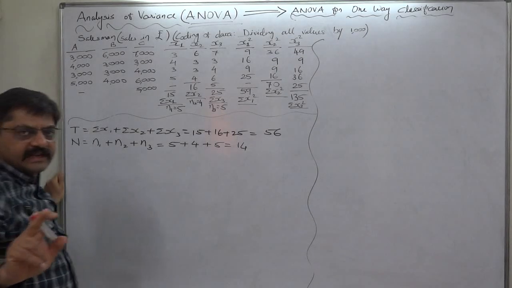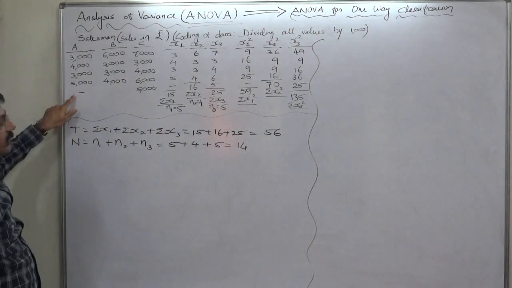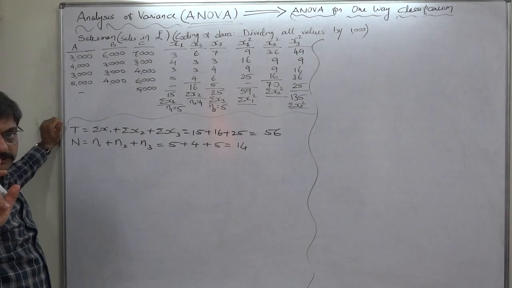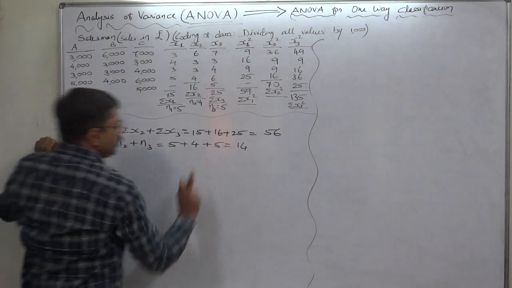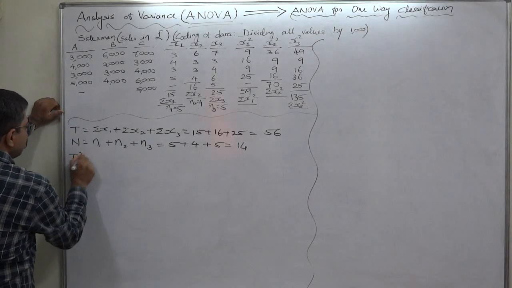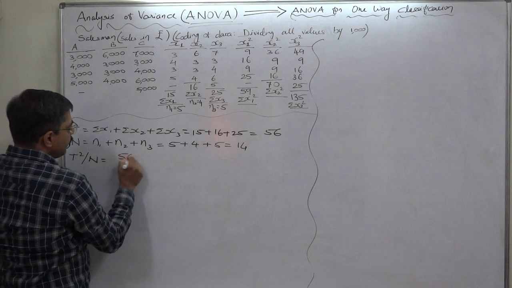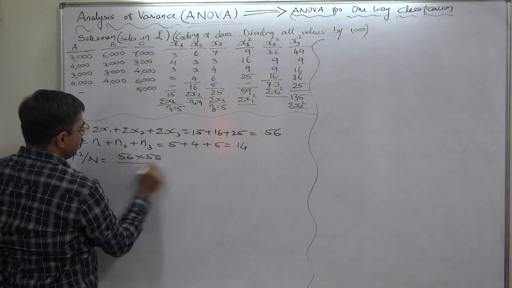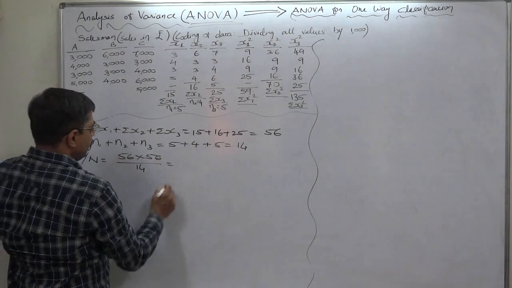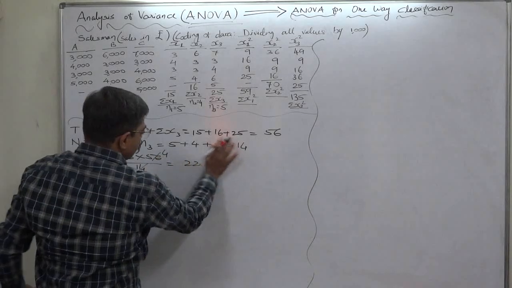The total number of sales efforts by A was 5; in the 5th, he or she failed. So there are a total of 14 units of sales efforts. Now we can find out the correction factor, T square upon N. T square means 56 square, N is 14, so it comes to 224.